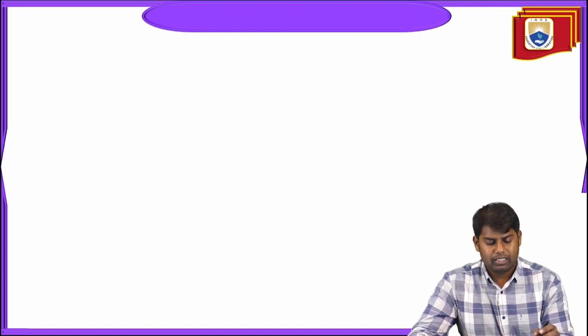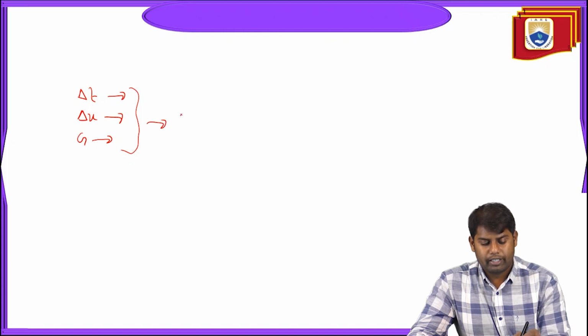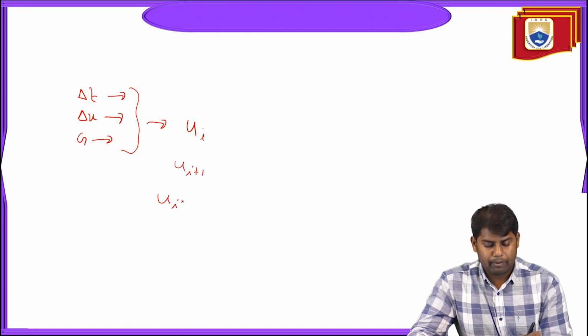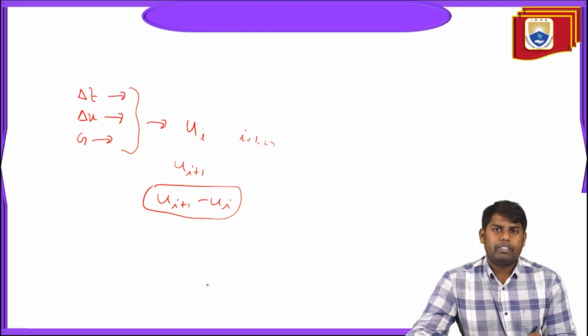So convergence is nothing but, when we perform the CFD simulation with a set of delta t and a set of delta x, with the set of grid points, we get the simulation results U of i. Next, U of i plus 1. U of i plus 1 minus U of i. So let us take i as 1, 2, 3, 4. You can take. So i plus 1 is nothing but the next step.